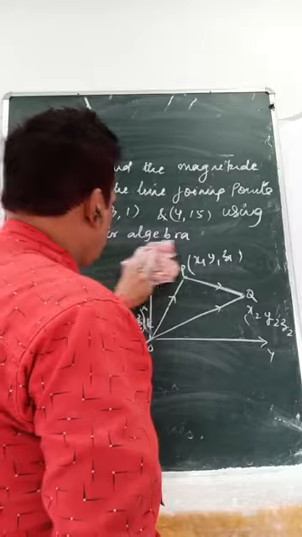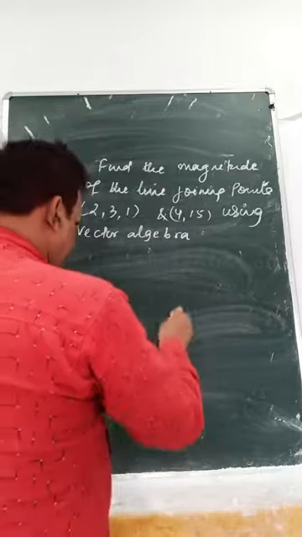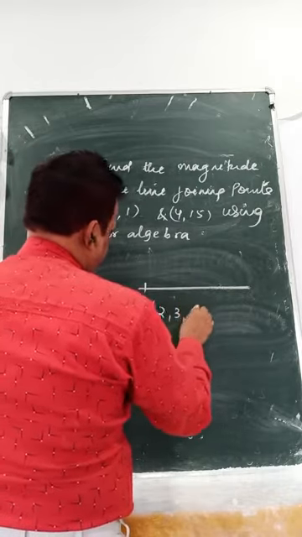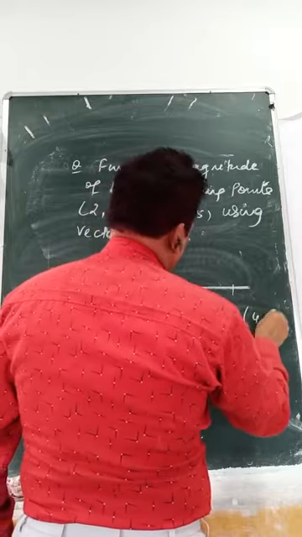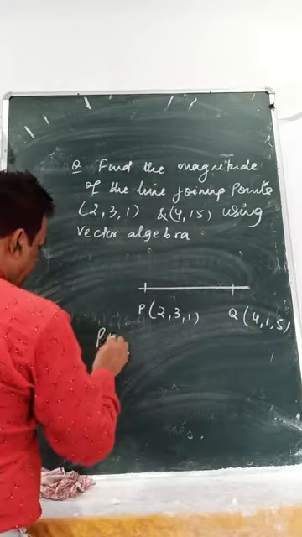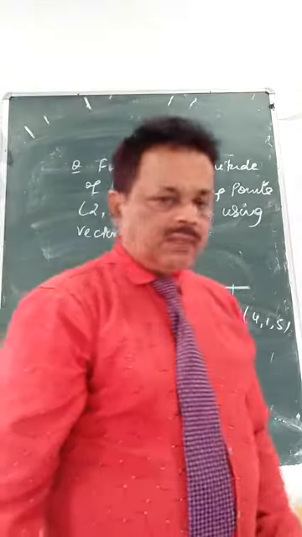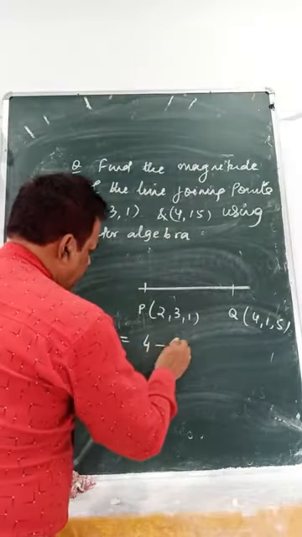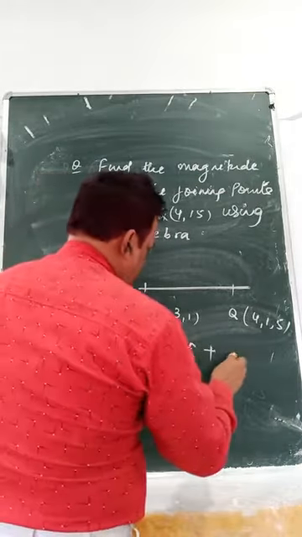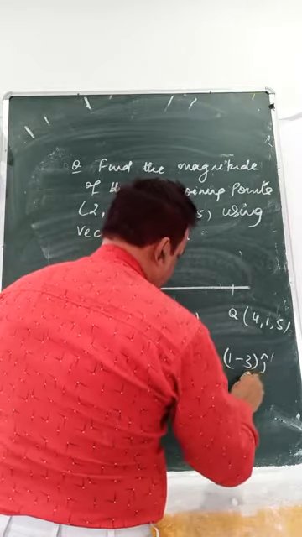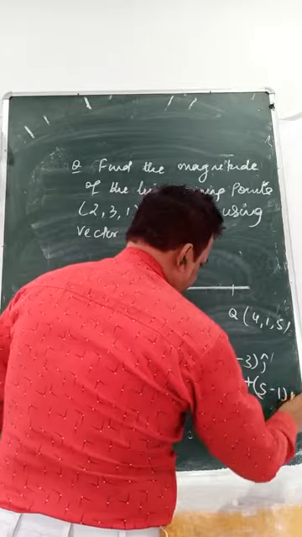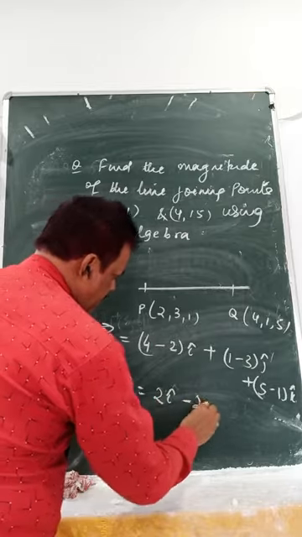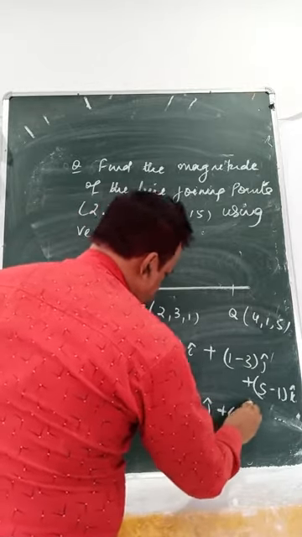Look here. This is P, 2, 3, 1, Q, 4, 1, 5. You are asked to find PQ. What did I say just now? PQ means terminal minus initial. That means (4 minus 2) i plus (1 minus 3) j plus (5 minus 1) k. So PQ you got 2i minus 2j plus 4k. This is the vector you got.